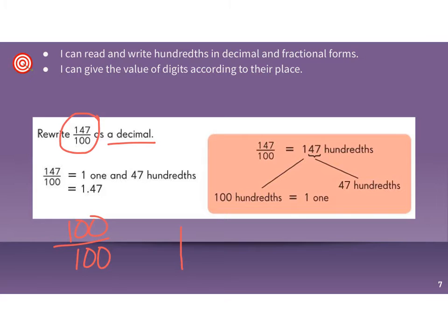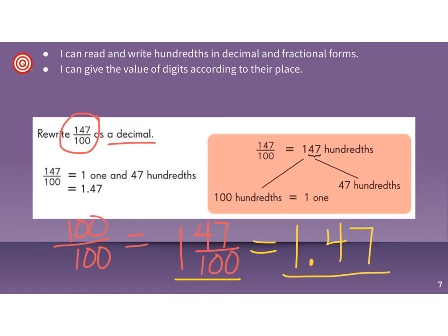And then if I take out that 100, I would have 47/100ths left. So how would I write that as a decimal? 1 and 47/100ths. Notice I read these the same. 1 and 47/100ths.